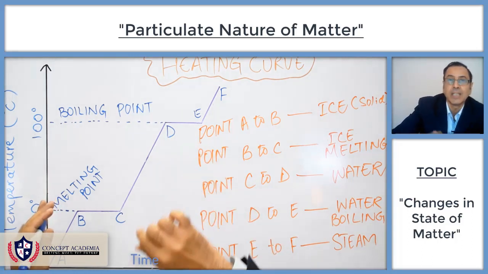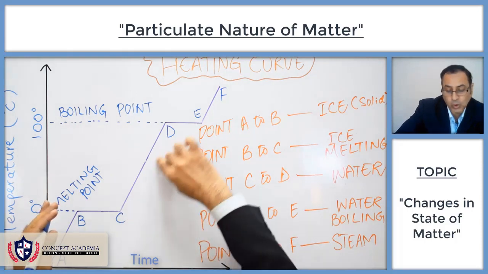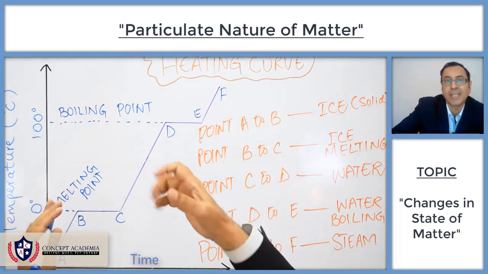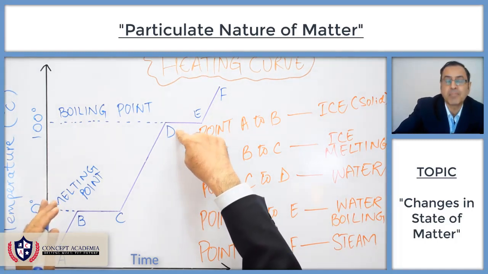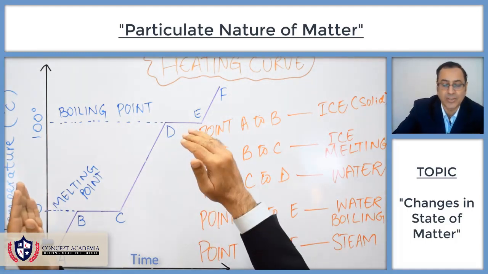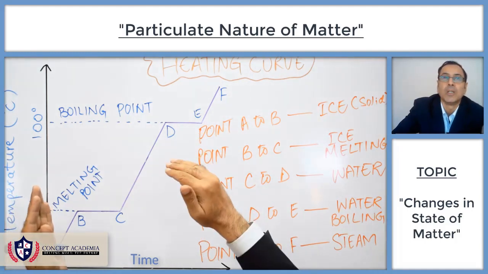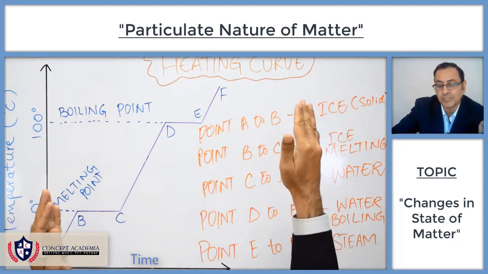From C to D, it is all liquid water. Liquid water is gaining heat energy, and at point D, the temperature has reached 100 degrees centigrade, and at this temperature water starts to boil and is converted into steam.